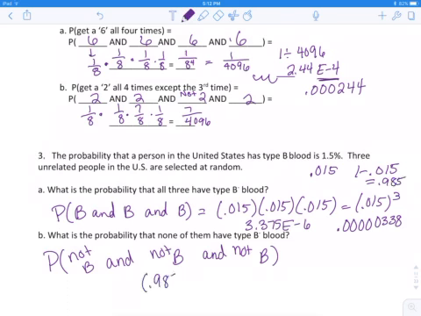So we'd have 0.985 times 0.985 times 0.985, which in our calculator gives us 0.956.